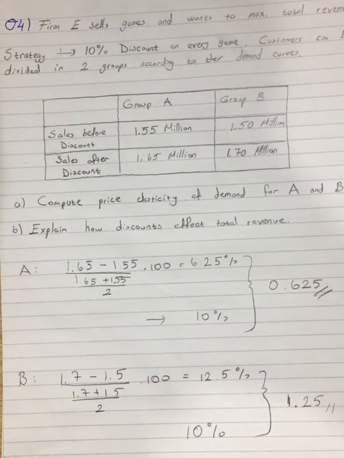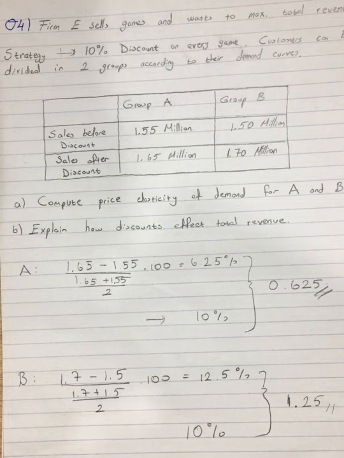Okay, in part B it says explain how discounts affect total revenue. For group A, since the price elasticity of demand is inelastic, total revenue will decrease as a result of the discount. Why? Again, remember the meaning of elasticity. Elasticity computes the customers' reaction when there is a change in the price.